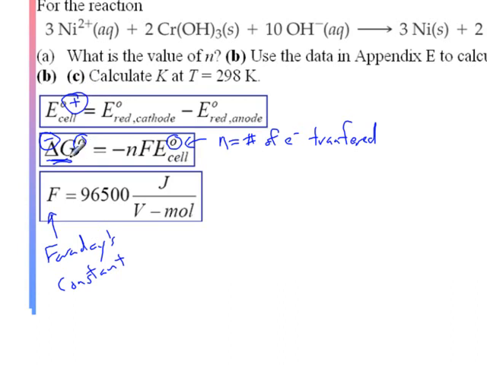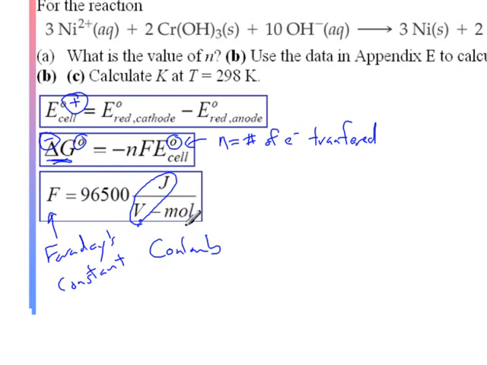Just another word about Faraday's constant. Whenever you have joules per volt, that's actually a unit called a coulomb, and that's a unit of charge. This value here, 96,500 coulombs per mole, is the amount of charge per 1 mole of electrons.